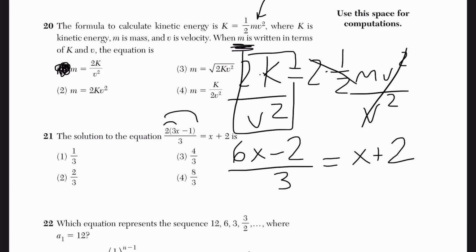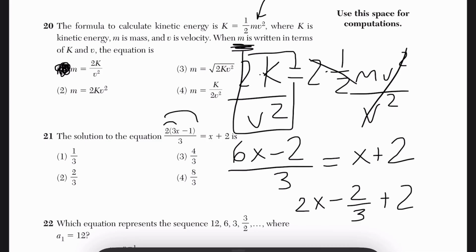Then we could divide both of these by 3 and we would get 2x minus 2/3 plus 2. Oh, sorry. Where's my eraser? Equals x plus 2. Perfect.